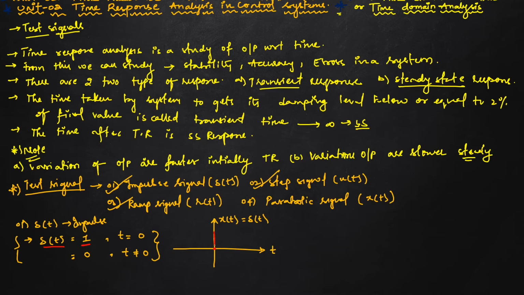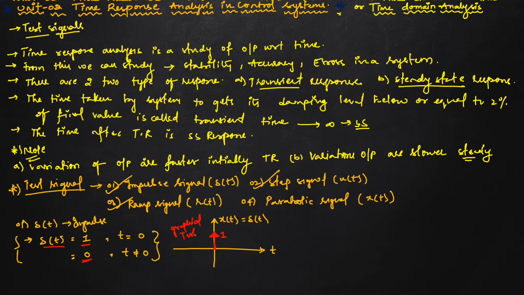So only here the impulse signal will be present, and at all other places, where t is not equal to 0, the value of the signal remains 0. Where t is equal to 0, there only it will appear as 1. So this is the graphical representation of the impulse signal.